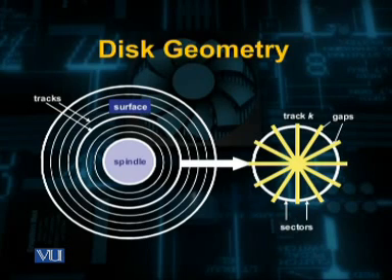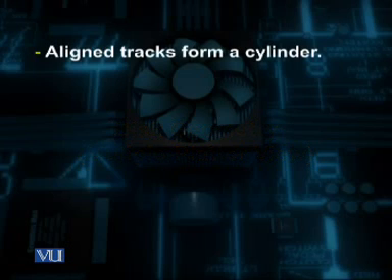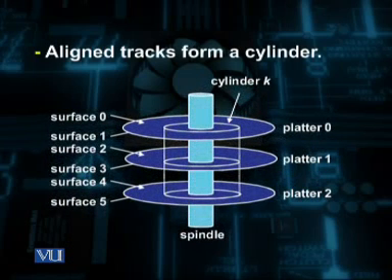Then a number of platters are arranged onto a spindle at the central position, with two surfaces for each platter. Here in this example, you can see there are 3 platters, so there are 6 surfaces, from surface 0 up to surface 5.